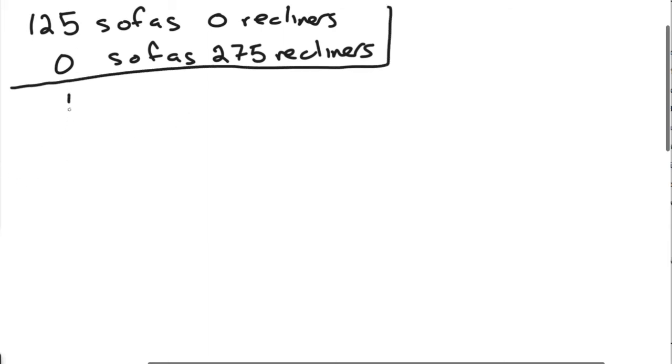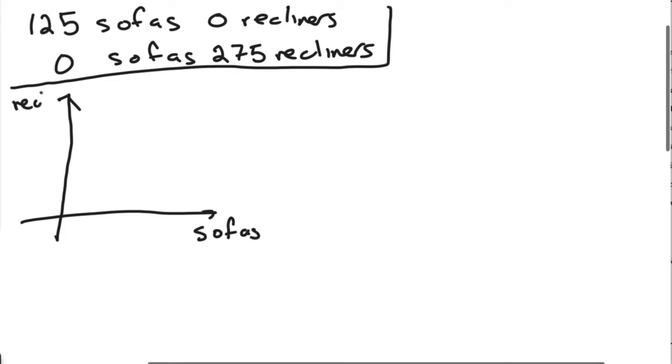The first thing is let's plot a little graph. Sorry for not being able to make straight lines here with my pen. But let's say you have sofas on the horizontal axis and recliners on the vertical axis.